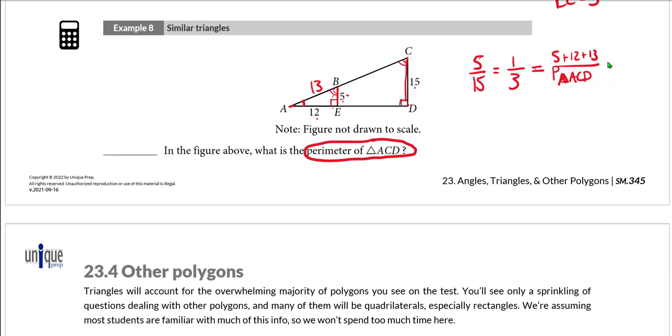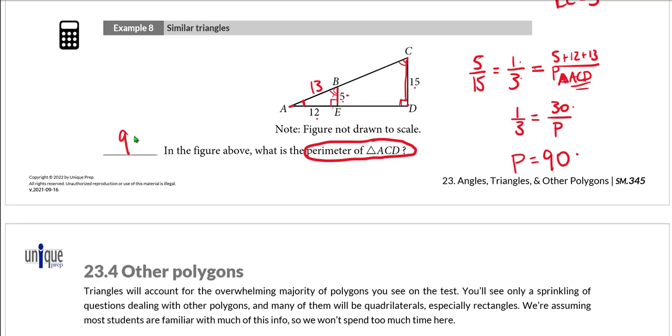So let me write this down here. What does this all come out to? 5 plus 12 plus 13. I don't need the calculator for that. That's 17 plus 13, which is 30, over, I'll just drop the triangle ACD there. I know what I'm solving for. That's going to be cross multiplying, P equals 90. And indeed, that's a 1 to 3 relationship, just like the sides showed.